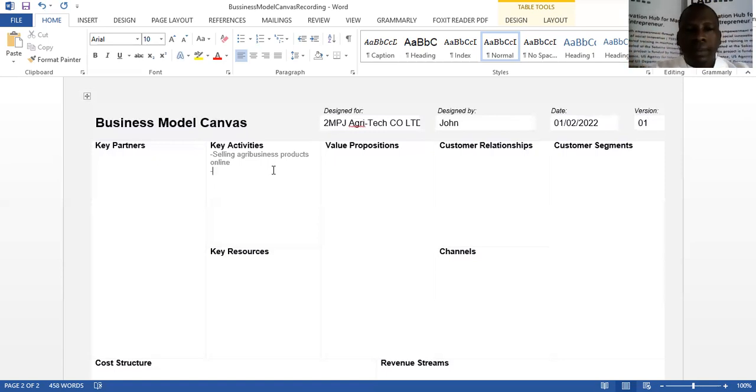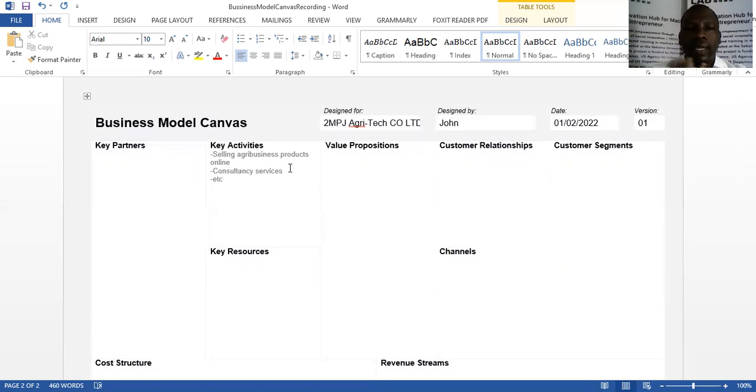Another thing, let's say, it will provide consultancy services, and other things you will write there. So these are the key activities of the business.